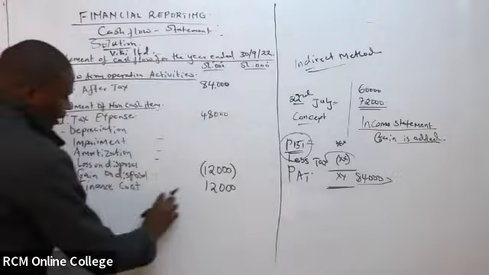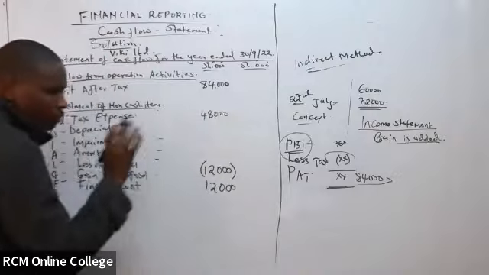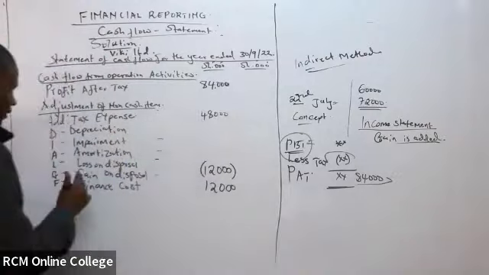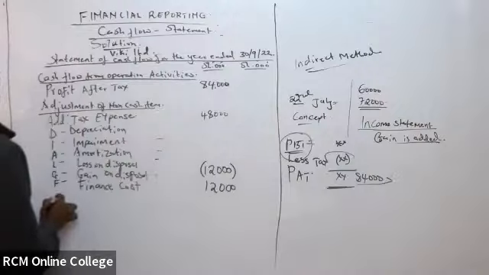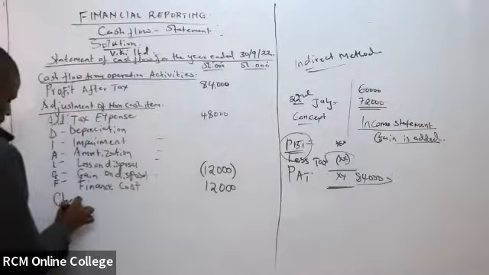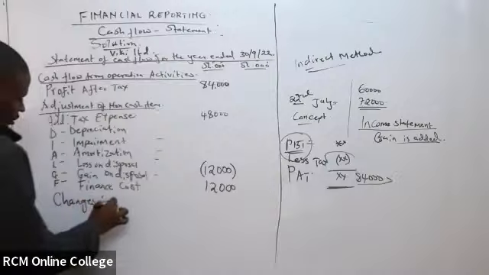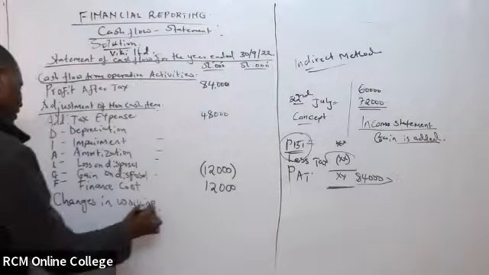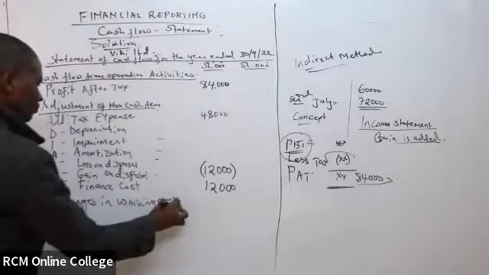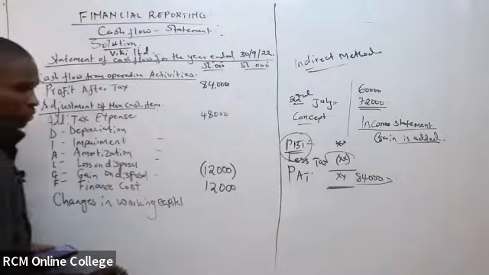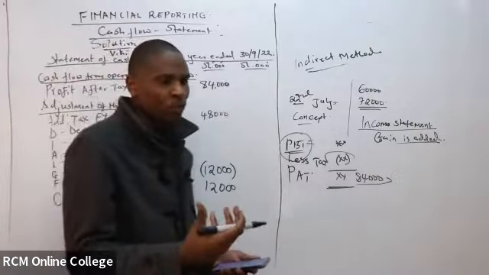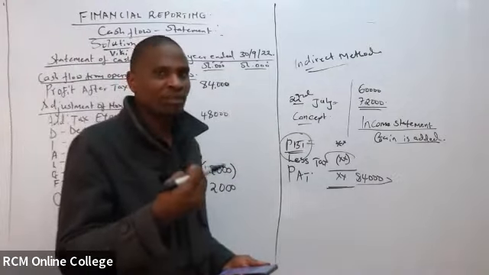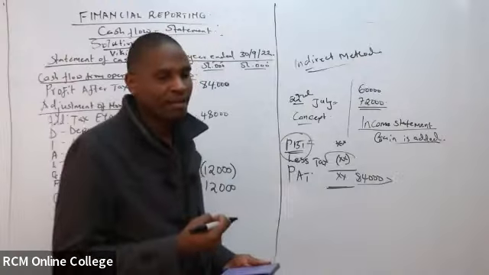From this point, class, allow me to move to the next part, which is getting the changes in working capital. Under changes in working capital, I have several items that I need to identify.